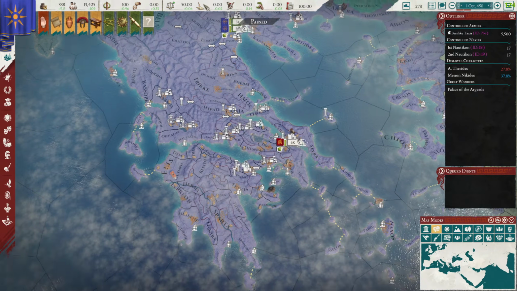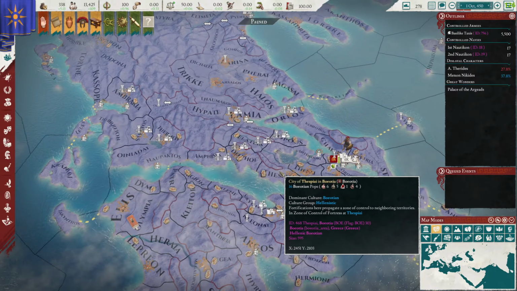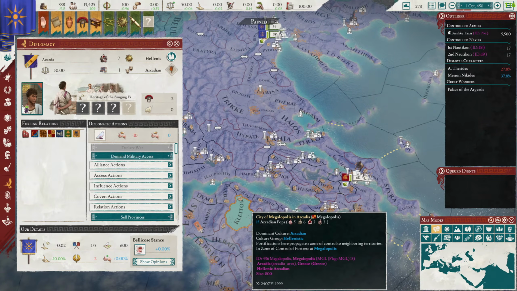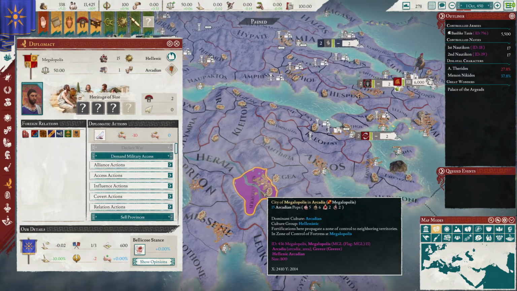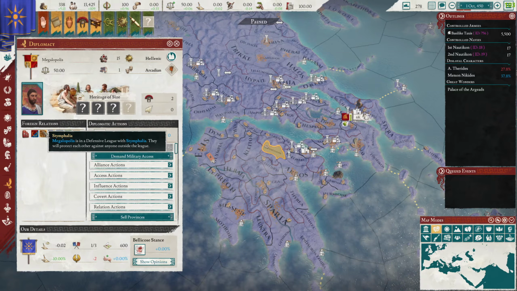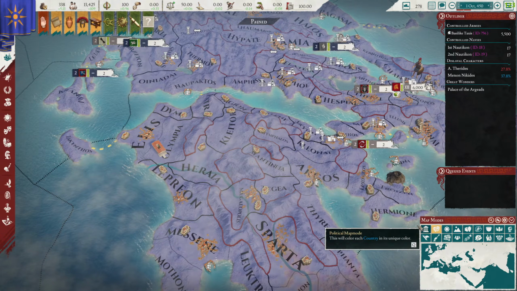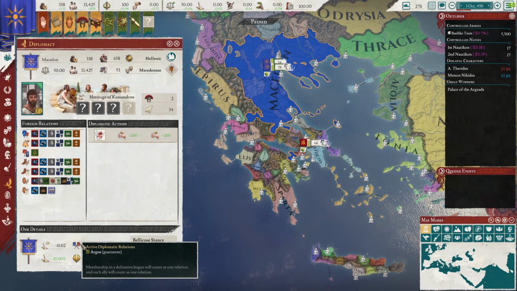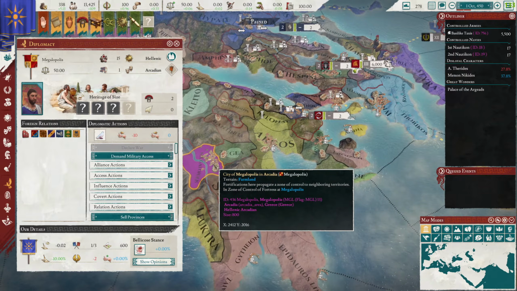If a country is your culture group and a monarchy, like quite a lot of countries in Greece are or can be, like Megalopolis, you can even make them a feudatory. A feudatory, like a tributary, does not cost diplomatic relation slots, so you can have infinite of them.